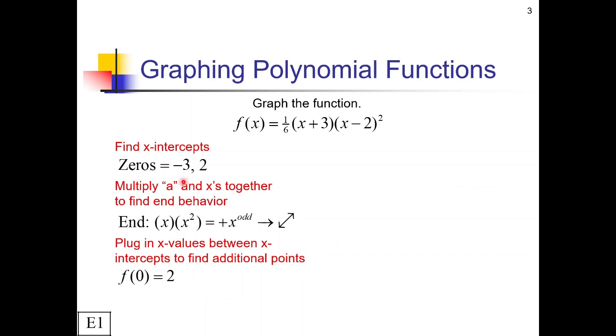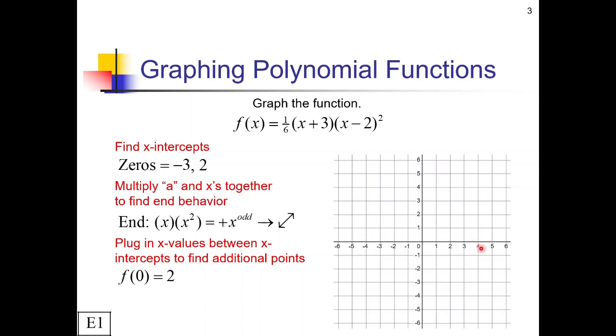I don't have super huge values, so I can probably just use grid lines that are going from like -6 to 6 in both directions, something like that. So we have the x value -3, that was a 0 right here. F of 0 was 2, so we have 0, 2 right here. And we also have the x-intercept of 2, so that's 2, 0 right here.